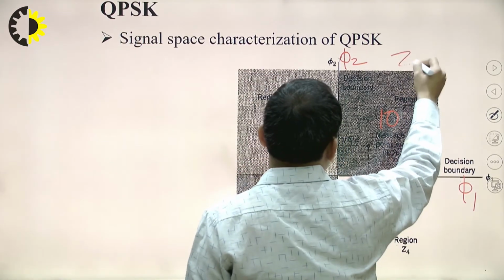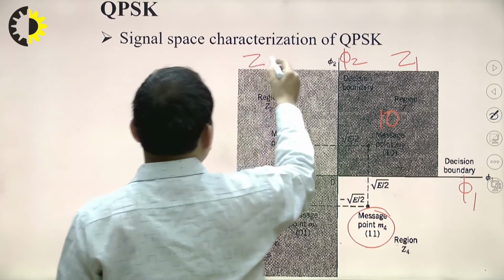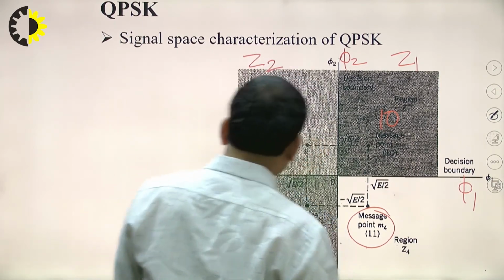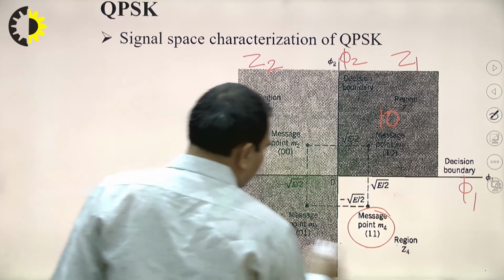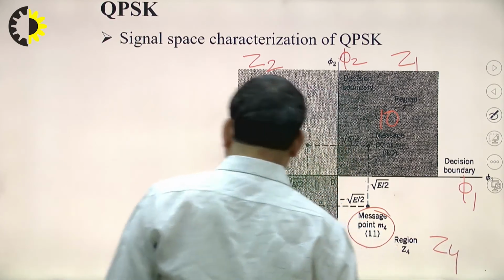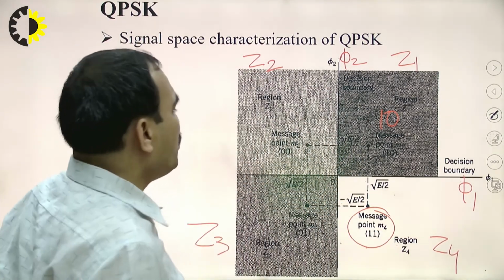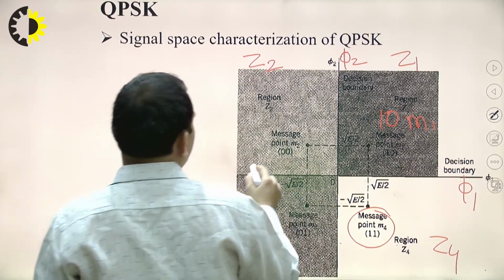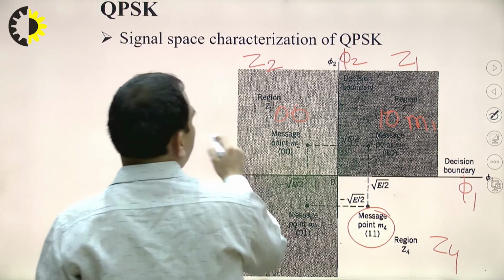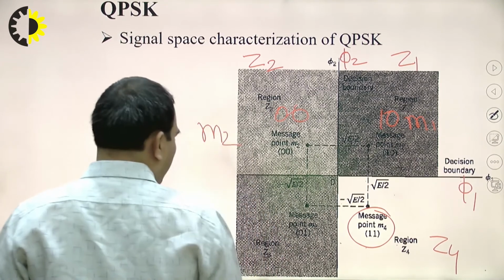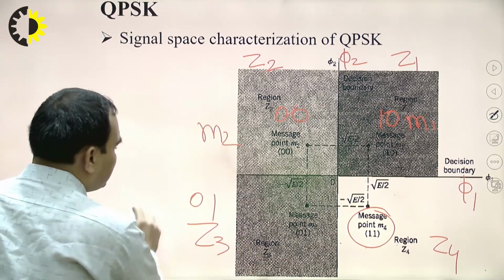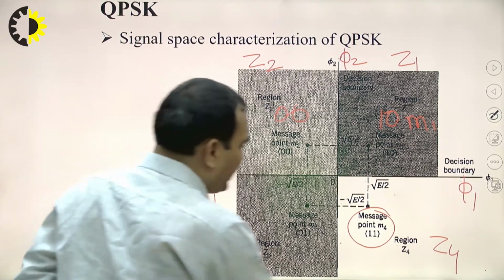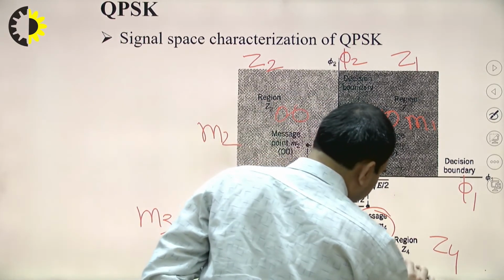This is region Z1, this is region Z2, the second quadrant of the Cartesian coordinates, this is the third region, and this is region 4. So we are having 4 different regions and 4 message points, m1 or s1. So here this is m1. 00 is m2, here we have 01, the third message point m3, and the fourth message point, 11, is m4.